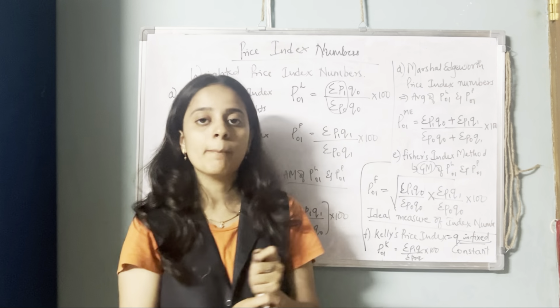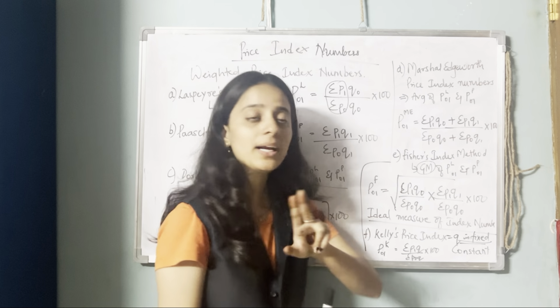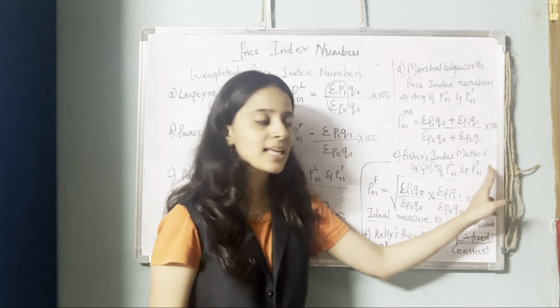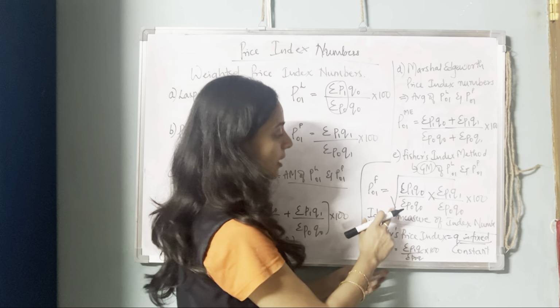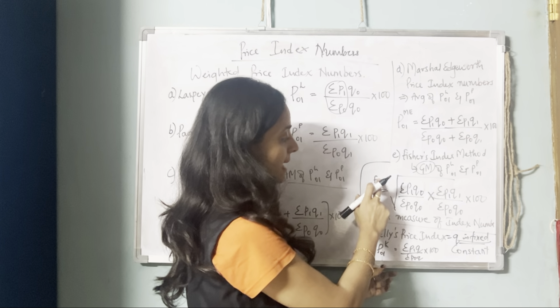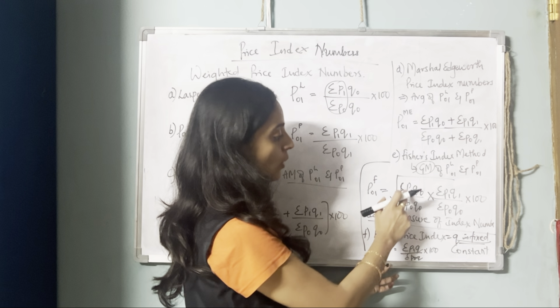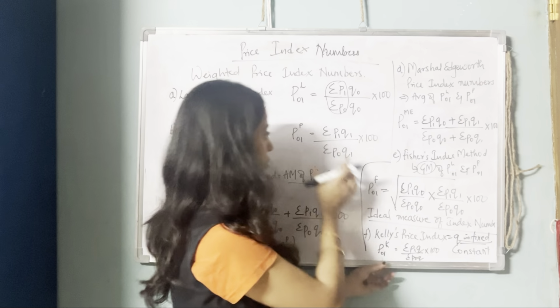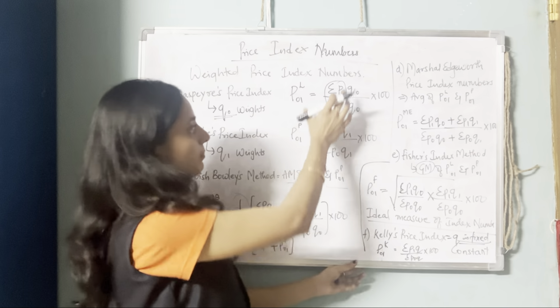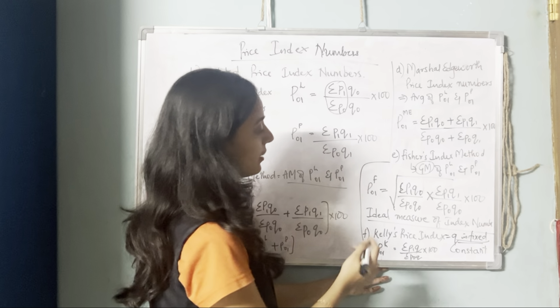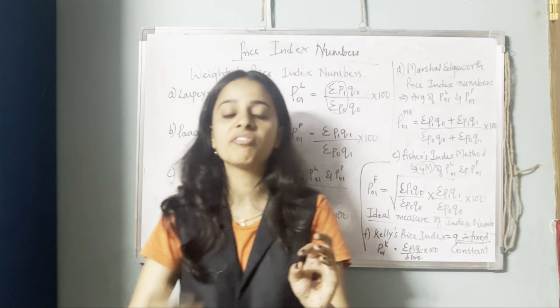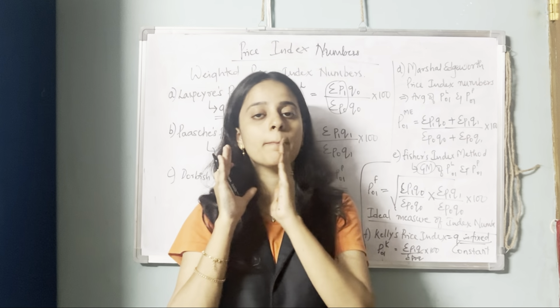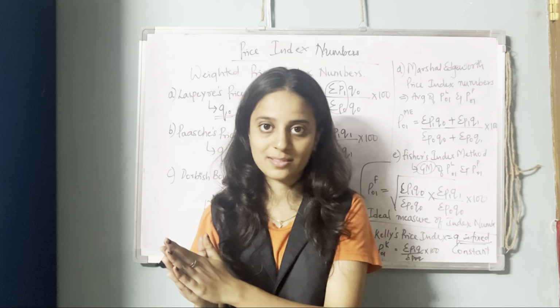Fisher's price index number considers the geometric mean of Laspeyres' price index and Paasche's price index. Here the formula is summation P1Q0 divided by summation P0Q0, same thing, into summation P1Q1 by summation P0Q1, into 100. In short, this is also written as the root of Laspeyres' price index method and Paasche's price index method.